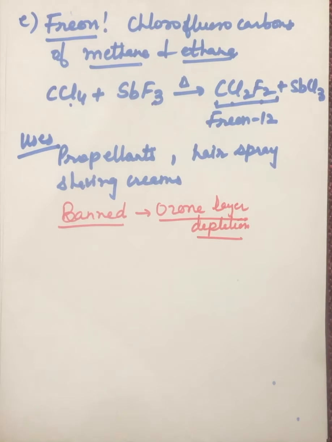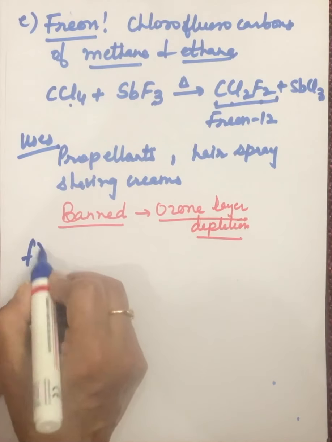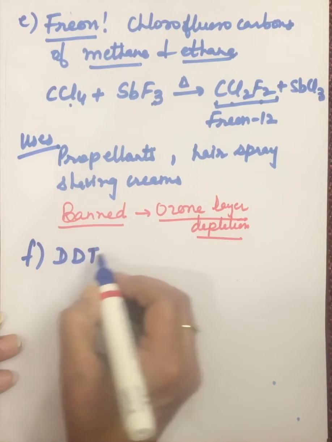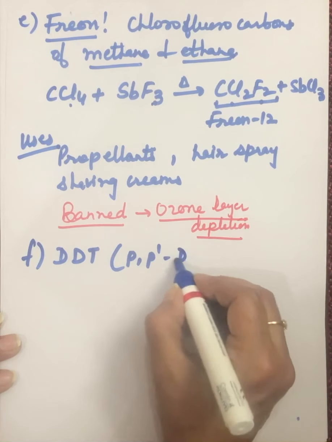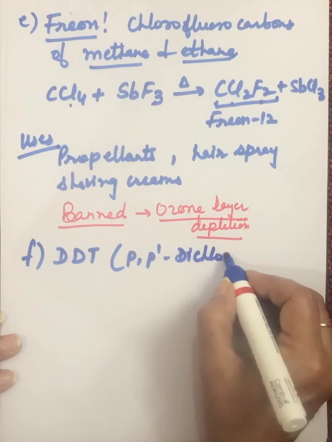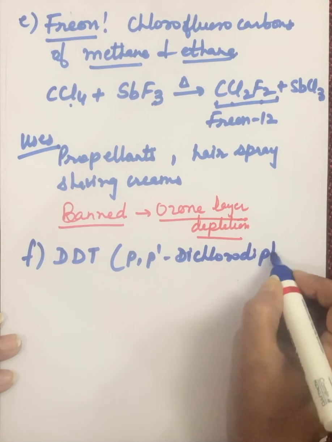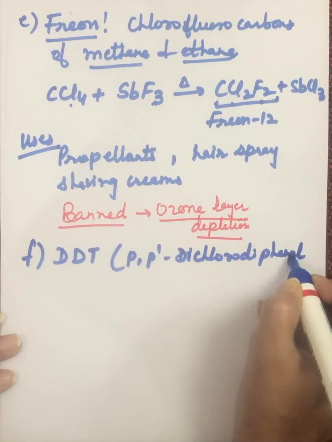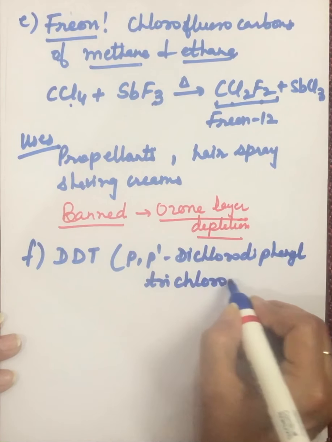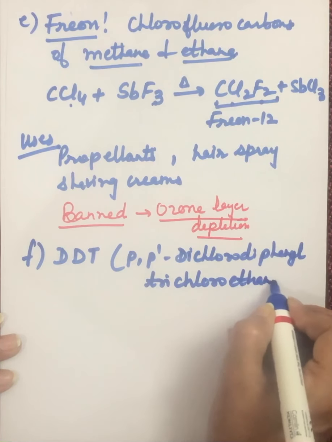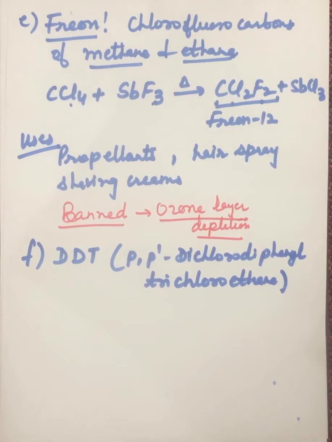One more very important compound left after this is DDT. Common name is para dash dichlorodiphenyltrichloroethane. The formula of this compound is very important.